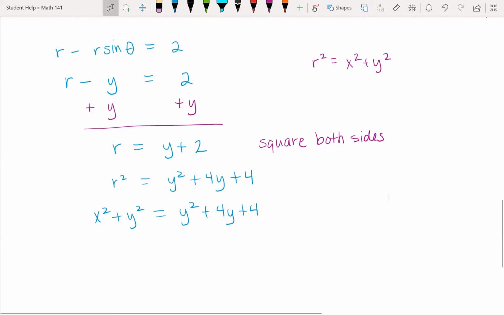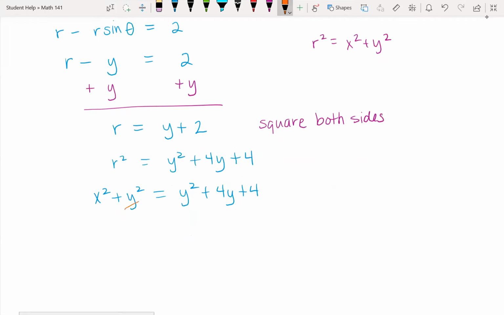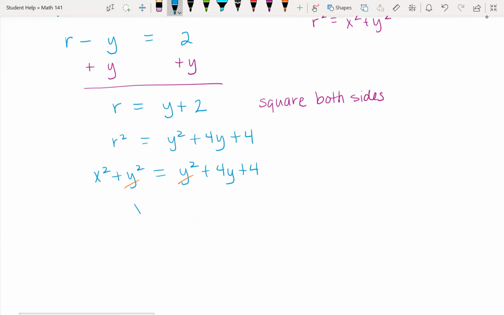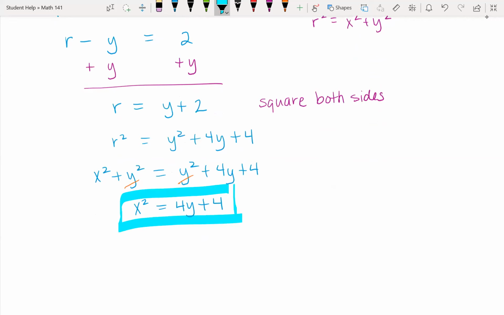I have y squareds on both sides, so they're going to cancel each other out here. And I'll be left with x squared equals 4y plus 4. So I've only got x's and y's in my final equation, so I know that I'm done.